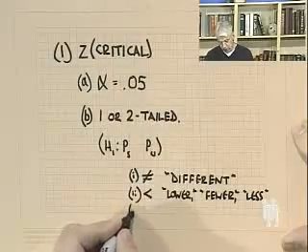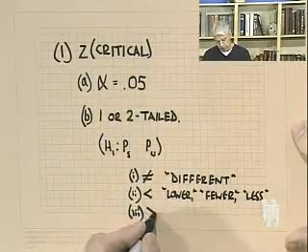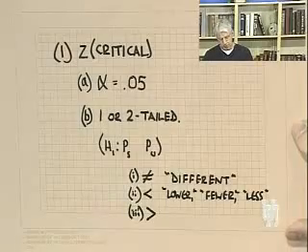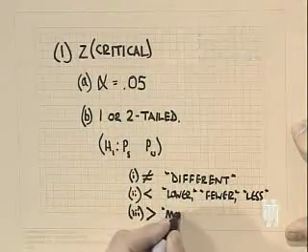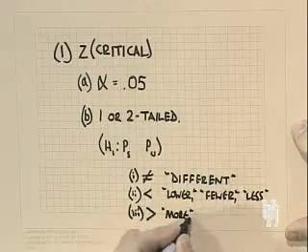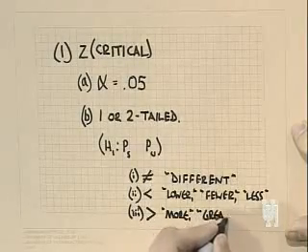And option three would be that P subscript S is greater than P subscript U. And you should look for words like more than, greater, and so on.